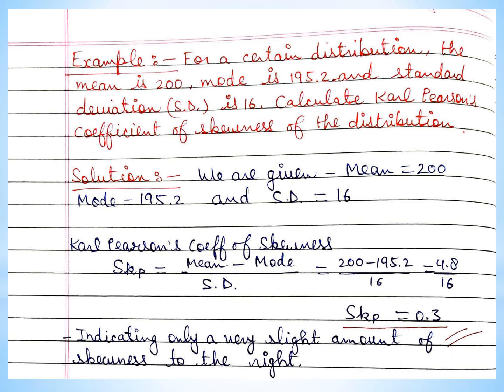So first of all, write the formula for Karl Pearson's coefficient of skewness, that is mean minus mode upon SD. Put the values of mean, mode and SD and calculate. The answer will be 0.3, indicating only a very slight amount of skewness to the right.